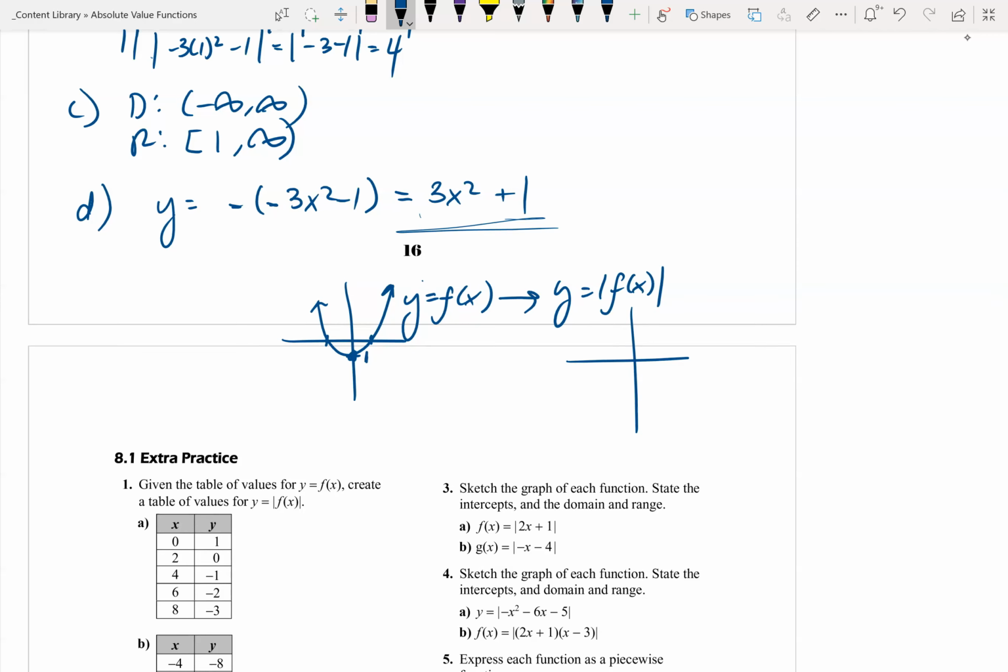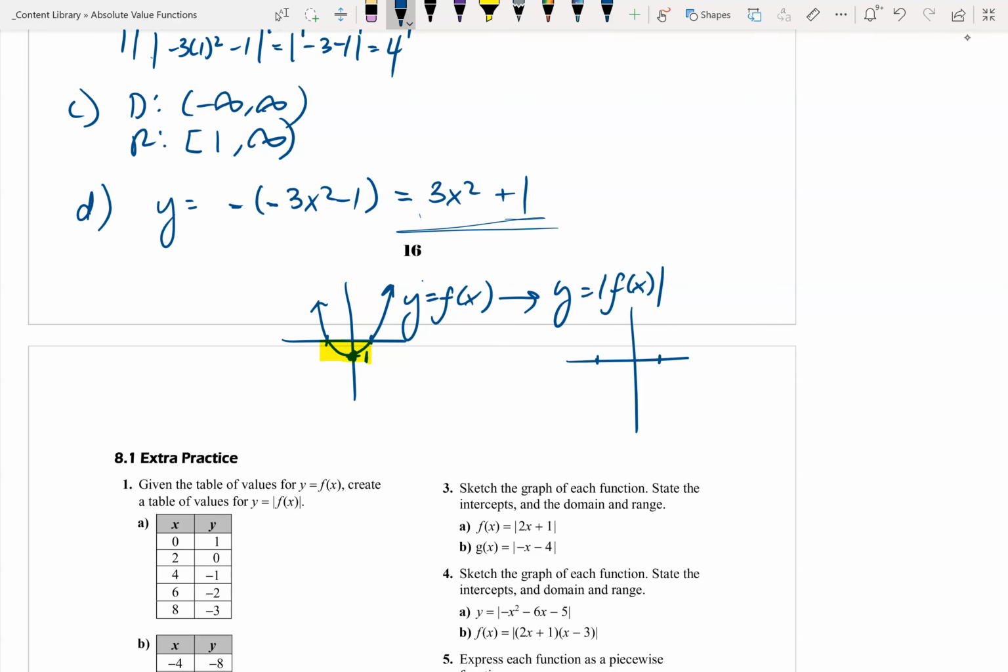All you have to do is take anything that's below the x-axis and reflect it back up so it's above the x-axis. So this portion over here, I'm just going to reflect this back up above the x-axis, and everything else is going to stay the same.